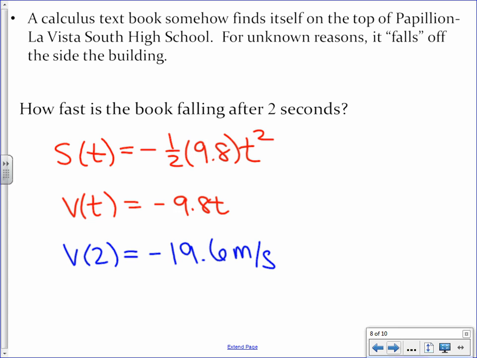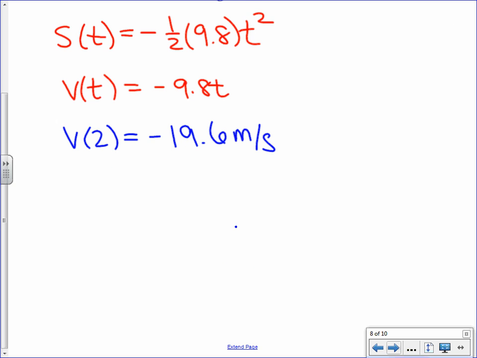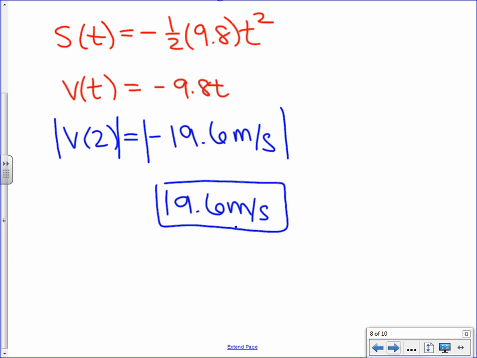However, how fast is the book falling? So that's really looking for our speed, so we really want the absolute value. So 19.6 meters per second is how fast that book is falling.